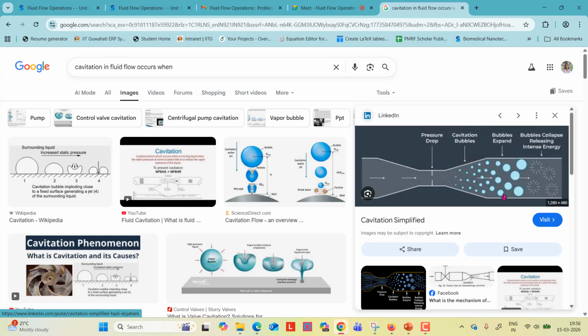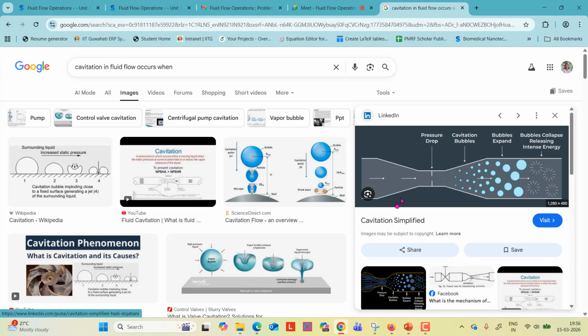In this case, you can see, when the area is small, the pressure is reduced, right? Okay, so it is a convergent type of flow.